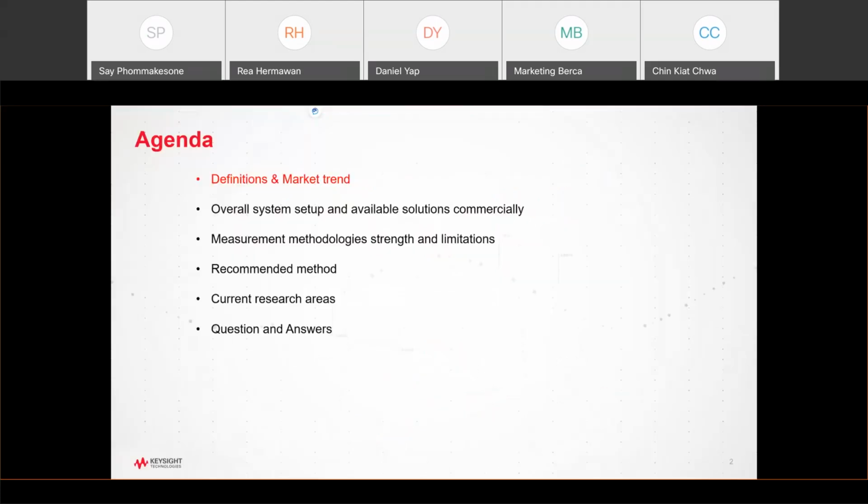So here's the outline. First I will talk about some definitions and market trends, and then go over the laser pointer, let me get it. Go over all the systems and the available solutions that we have today. And then I'll go over some of the measurement methods and perhaps give you some strengths and limitations. And since this is focused on bioengineering and healthcare, I've focused more specifically on this area, and I have a little bit more detail.